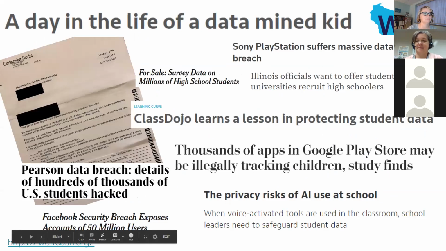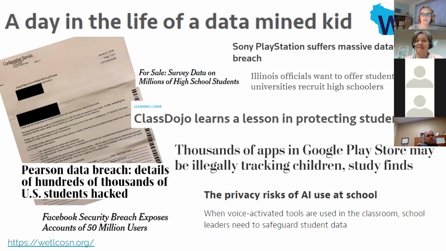So these are examples of different incidents that have happened with student data privacy leaks and breaches over the past few years. These stories are all different incidents across the country that really impact not only our students, but our staff, family members.